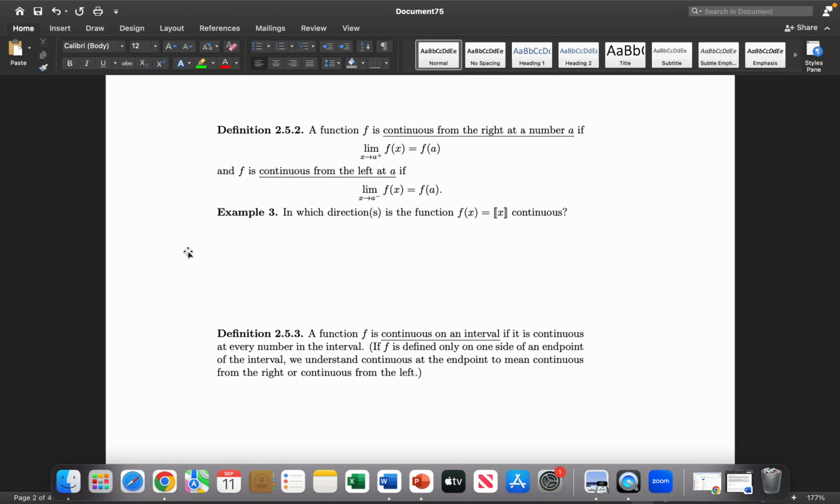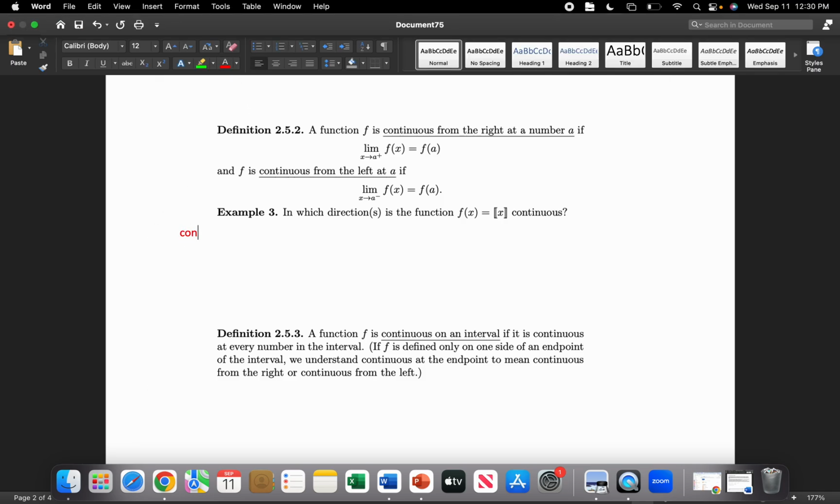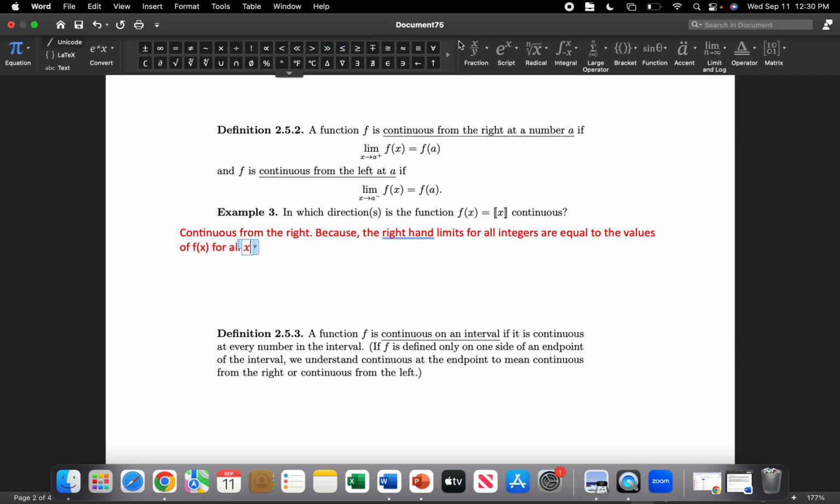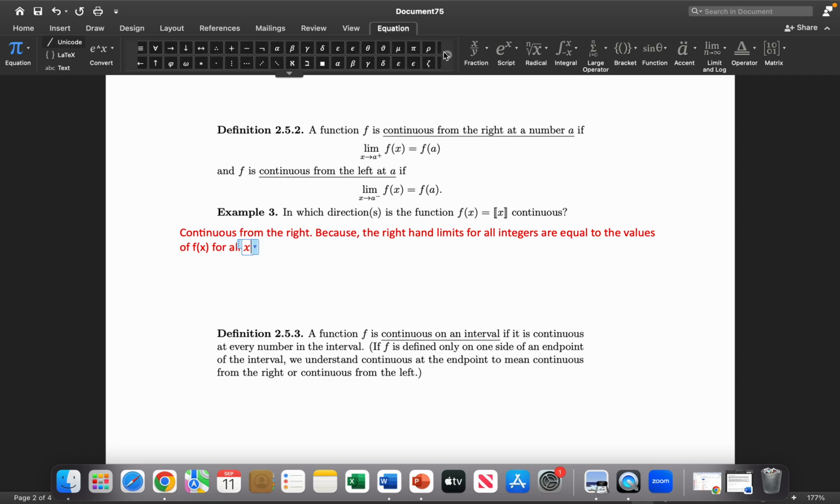So in this case, this would be continuous from the right because the right-hand limits for all integers are equal to the values of f of x for all x in the integers.